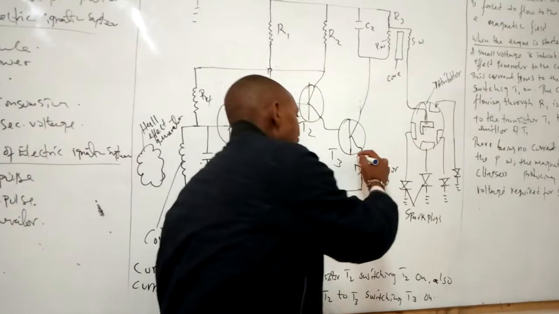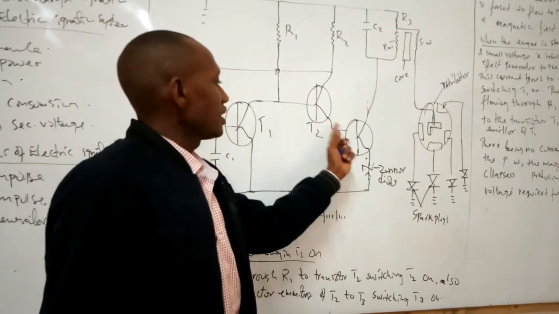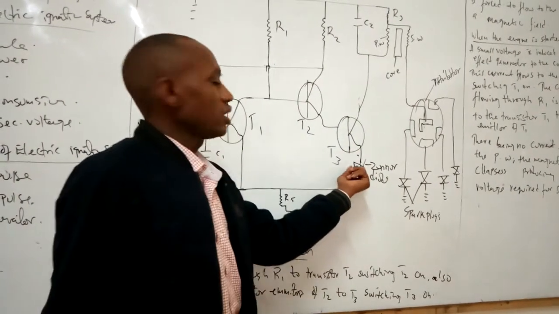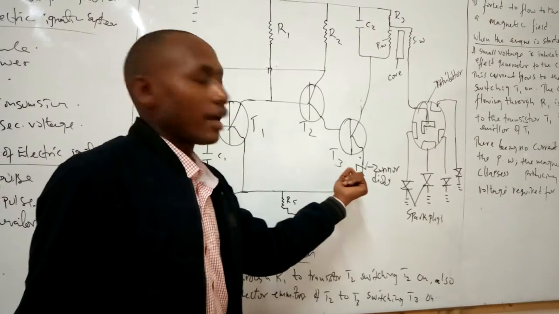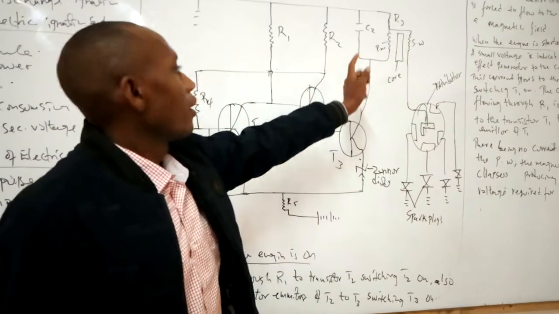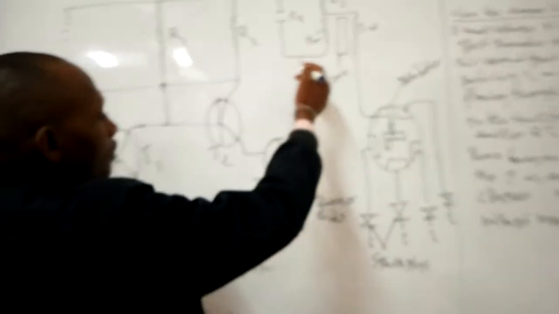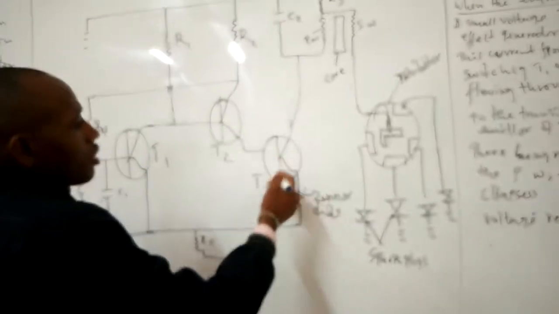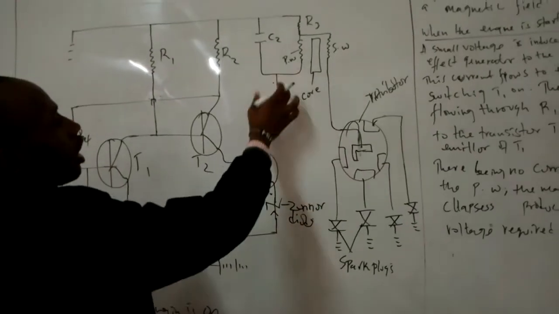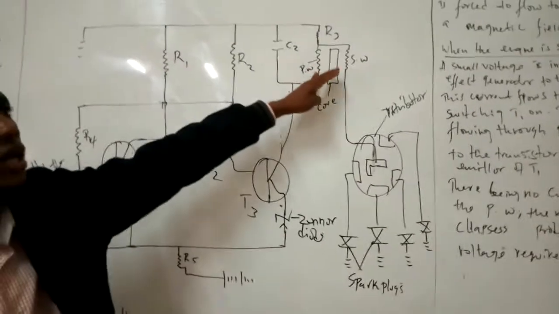The current coming from the other direction will be blocked. So, because of the Zener diode, this current will not flow through the collector emitter. It will be forced to flow to the primary winding.